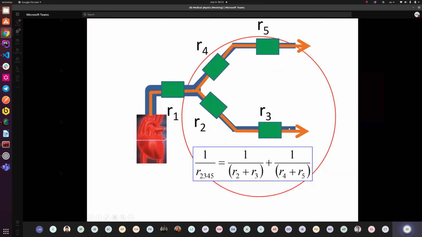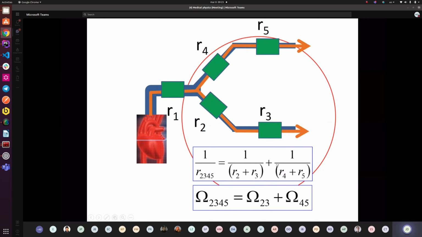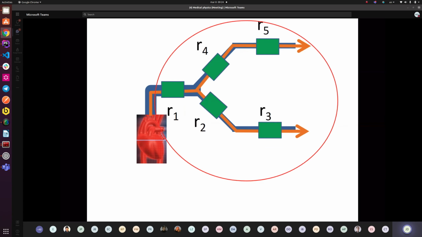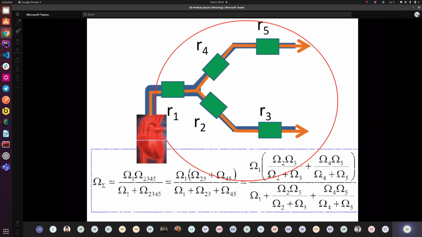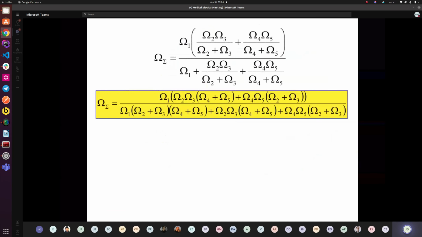We know the conductivity of this one, it is here. And in the same way, we can write the conductivity of this one, it's here. So this is the conductivity of these two branches. And the entire conductivity, very similar to the previous, the final formula for the summarized conductivity, is here.